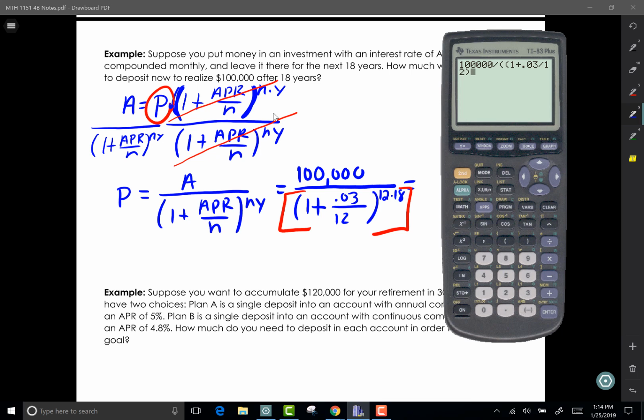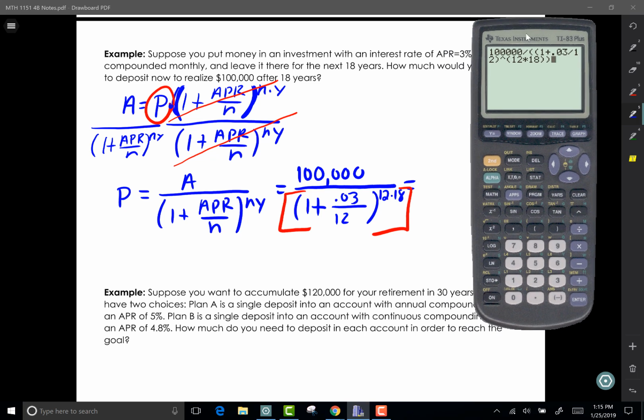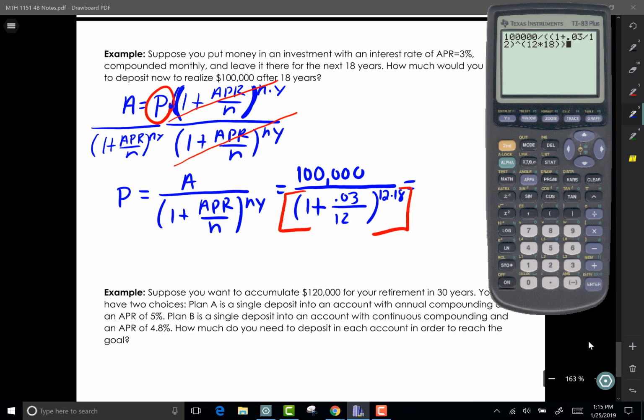That's going to all be raised to the power of 12 times 18. And then I close my parentheses to show that that's all in the denominator. Now be very careful and pay attention to where your parentheses are, because it's going to change what your answer is if you don't put them in the right place.